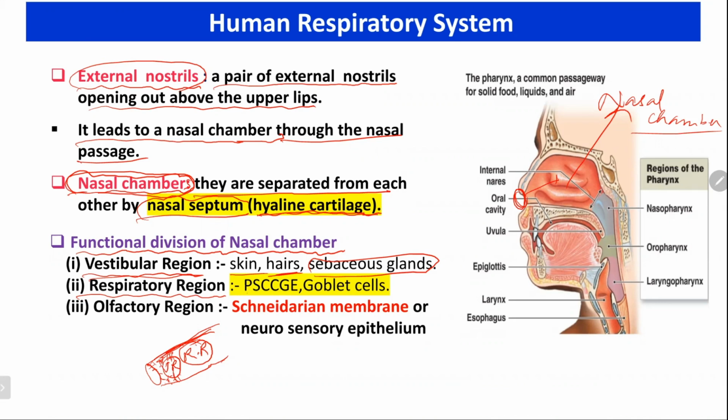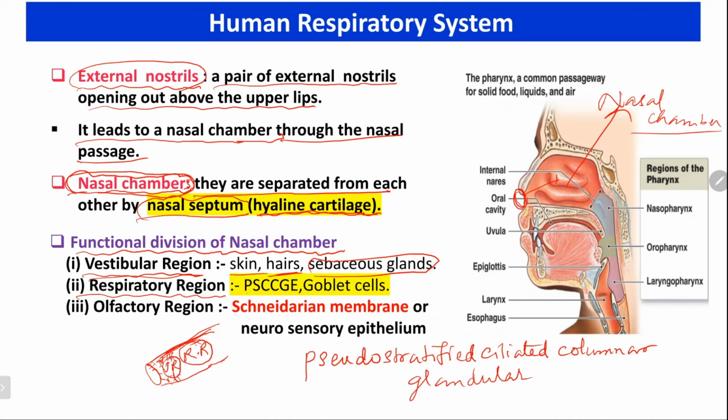pseudostratified ciliated columnar glandular epithelium. Here you see I am writing it. I have written this as PSCCGE: pseudostratified ciliated columnar glandular epithelium.